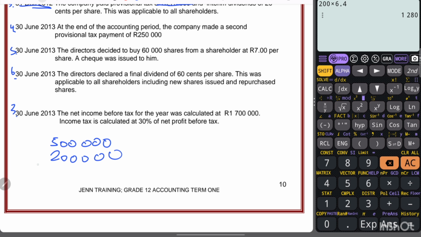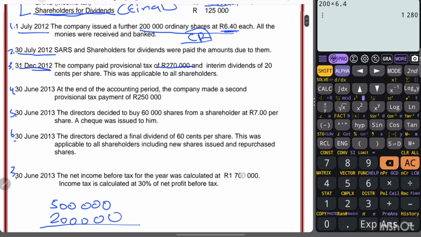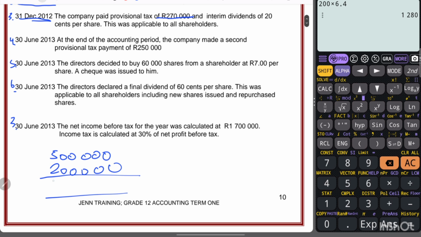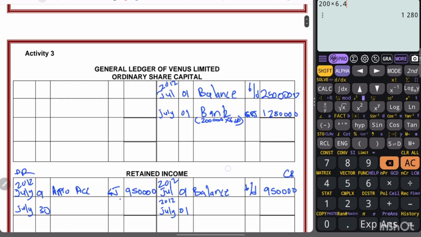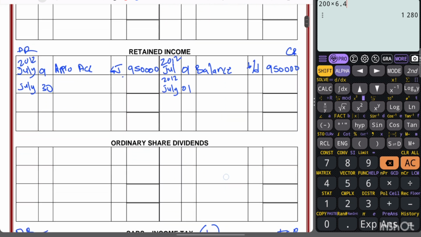Then it means that when we were paying the interim dividends, we had 700,000 shares in total. So we are going to calculate our interim dividends using the 700,000 shares. Let's go now and record it.